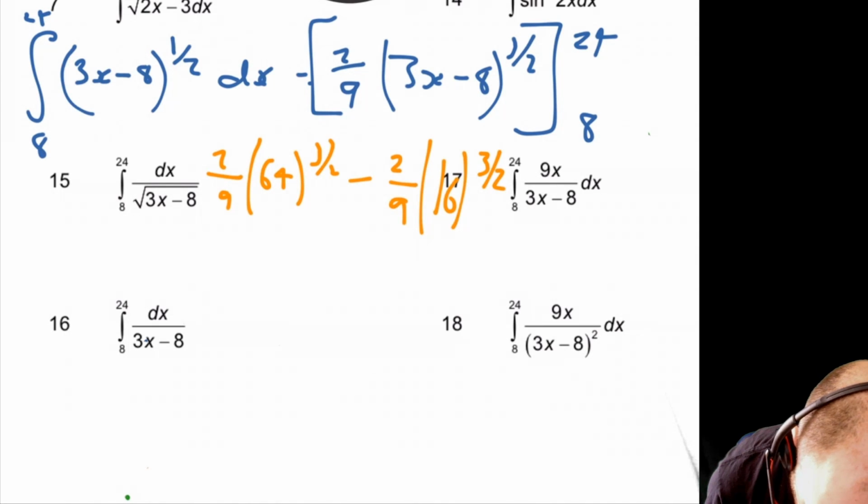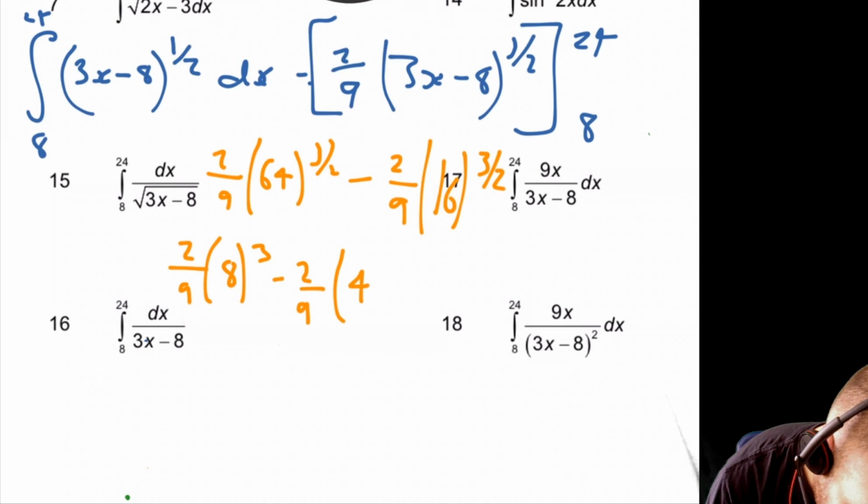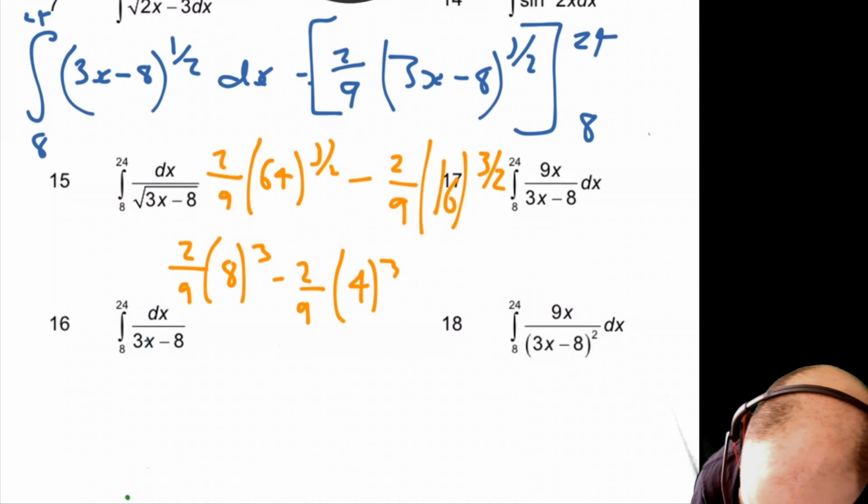So we're going to get 2/9 of 8 cubed minus 2/9 of 4 cubed.